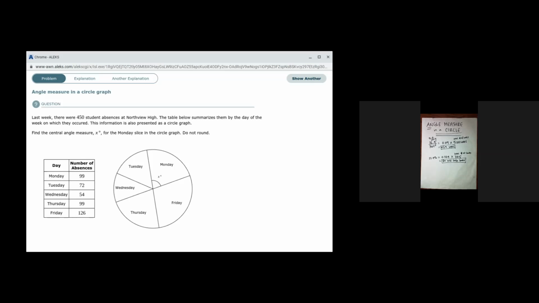Okay, I see you. So on Monday, there were 99 people absent out of how many? So we still need the percent of the circle here. But in this case, it's not only the percent of the circle, it's the percent of students that were absent, right? What's the percent of the students here? 99 out of how many? 450 total students.